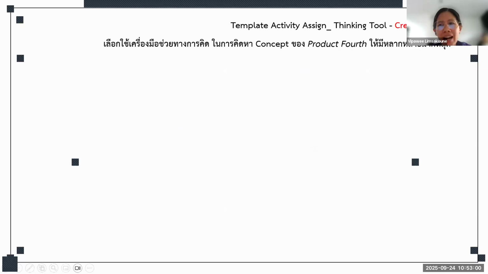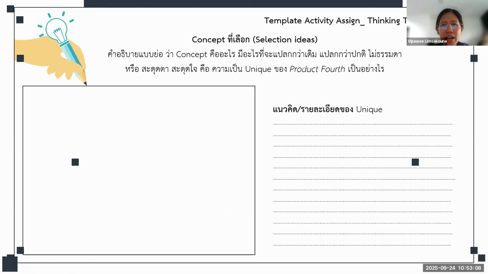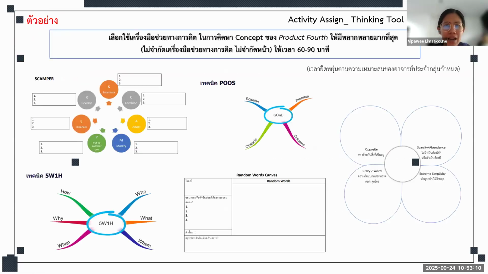You will see the template that has the words create choice, and then make choice. So you will need to use both tools, and then you summarize it. These are more examples of create choice tools. POOS. This one is if we know the problem of it. For example, if I have a problem with the comb that I use, I could write the problem here, and then the outcome that I want.